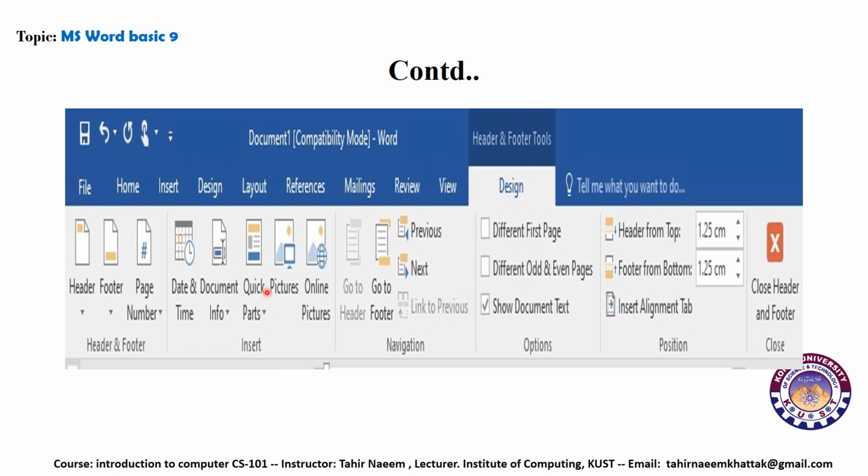Here are different quick parts, or we may include pictures or online pictures, or we may go to the different footers. And here are different odd and even pages, show document text, and here we have the position of the header and footer.